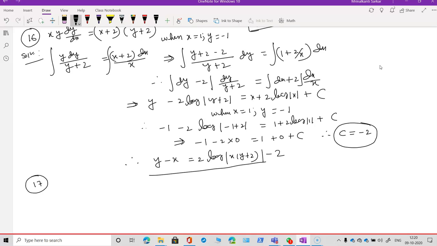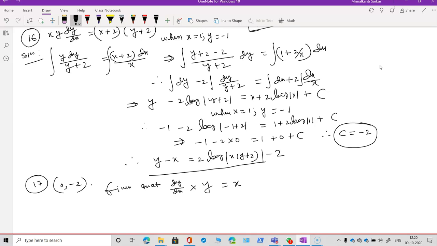Find the equation of a curve passing through the point 0 comma minus 2, given that at any point x y on the curve, the product of the slope of its tangent and the y coordinate of the point is equal to the x coordinate of the point.